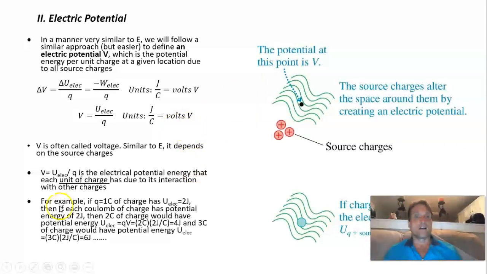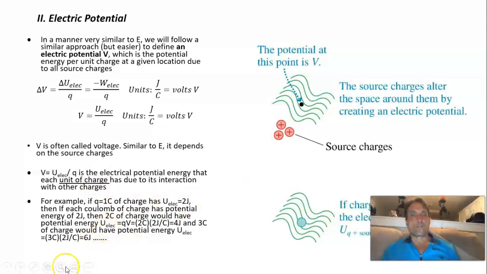For example, if you have 1 coulomb of charge and the potential is 2 joules per coulomb, then the potential energy of 1 coulomb would be 2 joules per coulomb times 1 coulomb, or 2 joules.